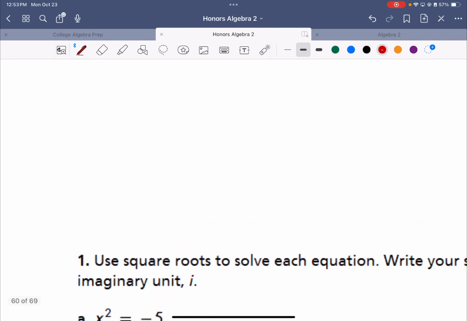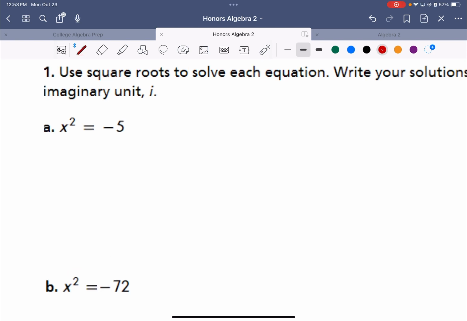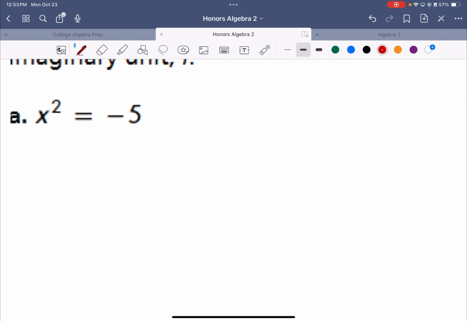Okay, imaginary numbers. So if we want to look at these two examples, the first one, x squared equals -5, we want to find the values of x that make this work. So we're going to take the square root of both sides. We take the square root of x squared, that just gives us x.